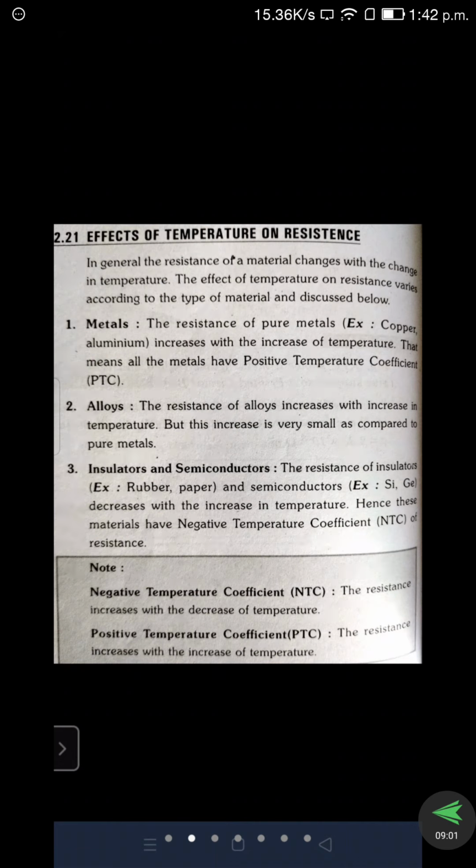In the case of metals, as the temperature increases, the resistance value also increases. Alloys follow the same: temperature increases, resistance increases. If temperature decreases, resistance also decreases. But in the case of insulators and semiconductors, if the temperature increases, resistance decreases. If temperature decreases, resistance increases.